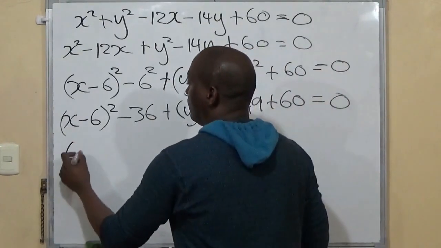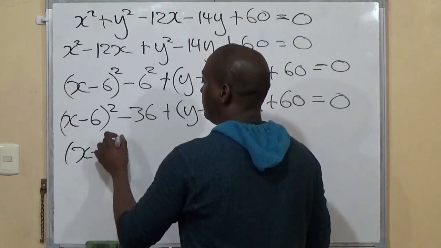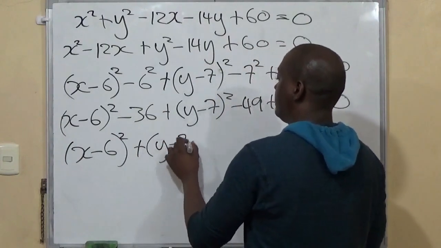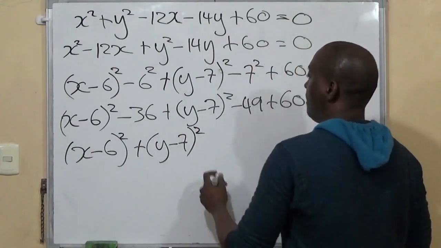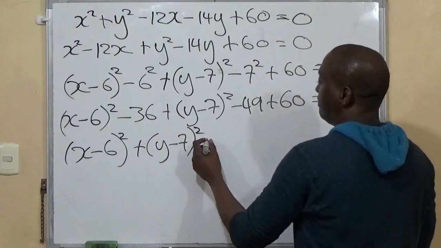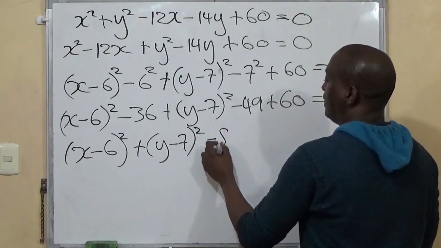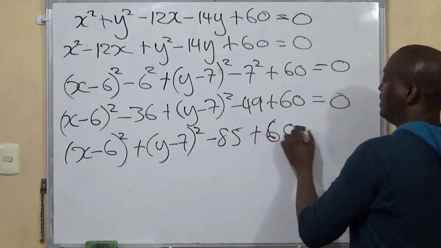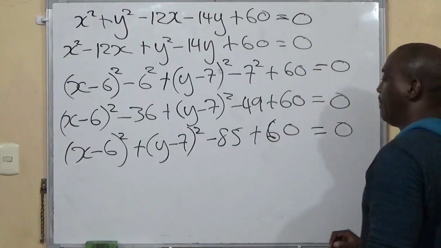All right. So it will now be x minus 6 squared plus y minus 7 squared. Minus 36 minus 49 is minus 85. All right. I will leave that there just for the sake of explanation. Minus 85 plus 60 is equal to 0.